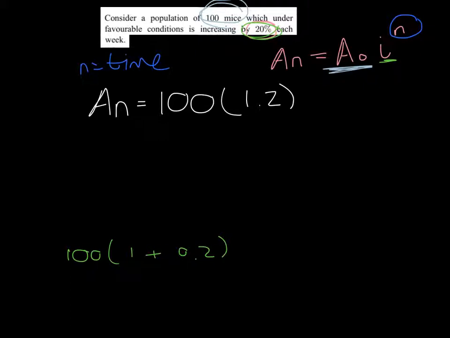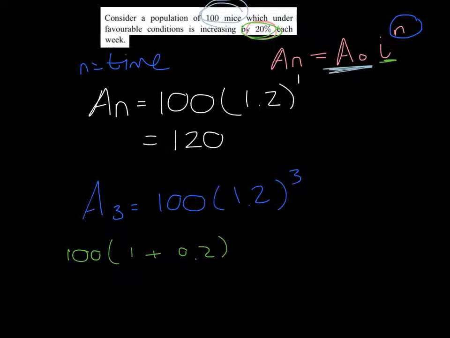It's for a week. So after 1 week, my population is just going to be 120. If you change it to whatever amount of time that is, you just keep on changing your n. For example, if I want the population after 3 weeks, it would be 100 times 1.2 to the 3.